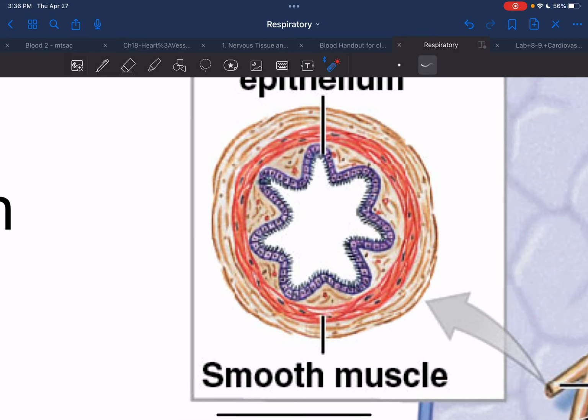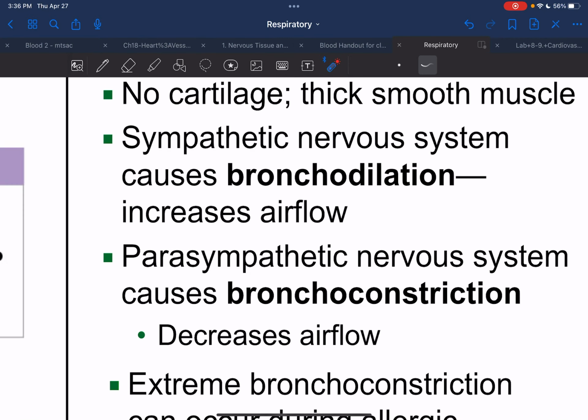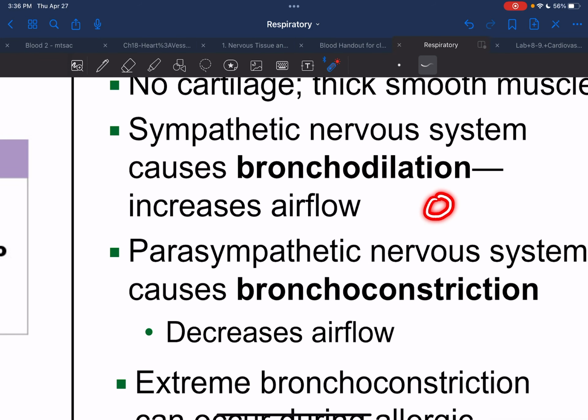Now I have some vocab words here: bronchodilation and bronchoconstriction. Dilation is when the diameter increases, so the opening gets larger. This word will come back to haunt us.